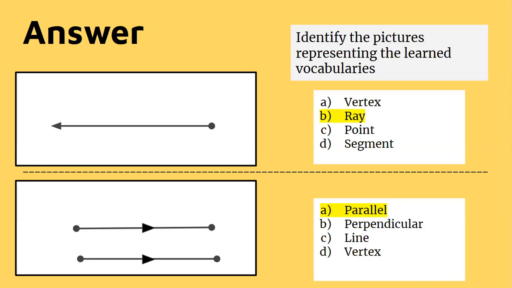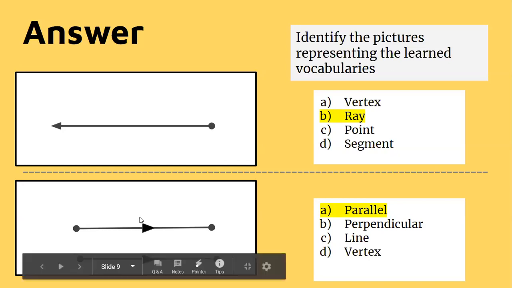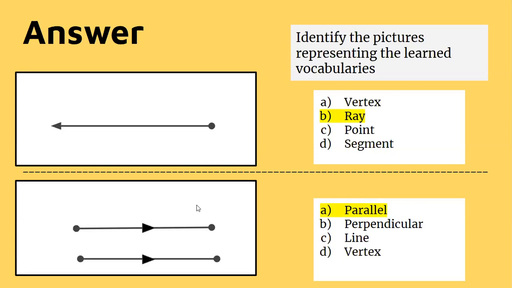It is parallel because, I didn't tell you this, but if two lines or any amount of lines have this arrow thing between them, it means that it is parallel to the corresponding line, like this.